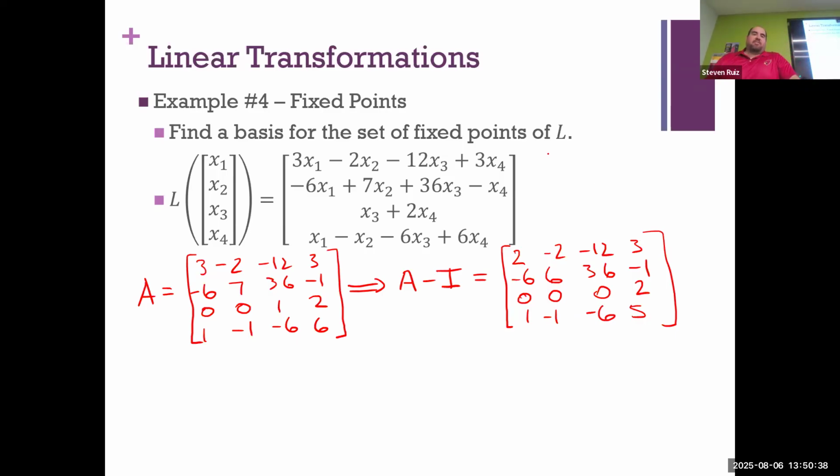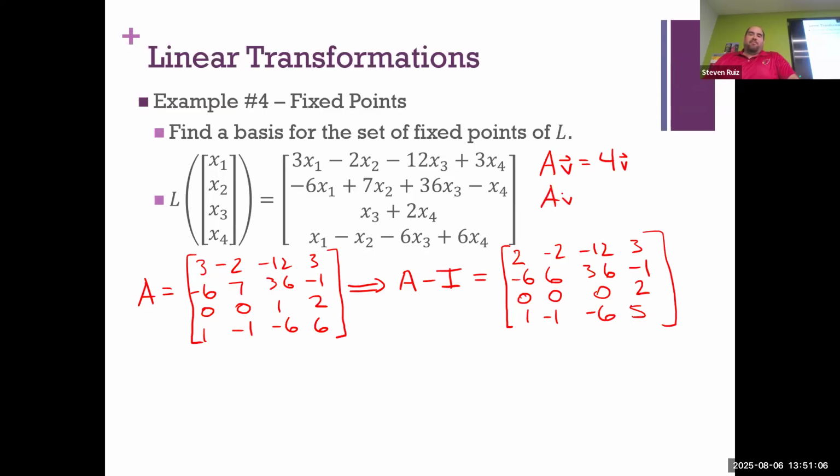So let's say generically a matrix has an eigenvalue of 4. Then what that means is I found certain eigenvectors that when I multiply them by A on the left, I get 4 times V. That is an eigenvalue-eigenvector pair. But fixed points are more restrictive.